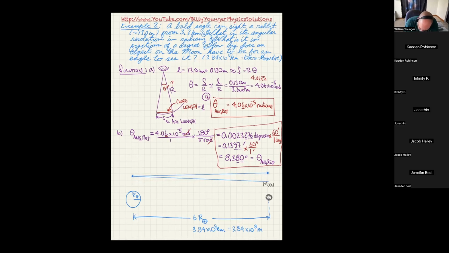What we want to say is this angle right here, theta, is equal to 4.06 times 10 to the negative 5th radians. And the R, of course, is the distance here, not that other R. This is 3.84 times 10 to the 8th meters.